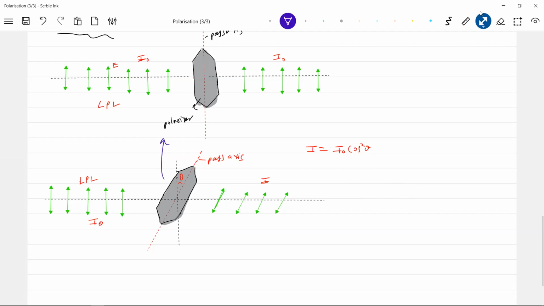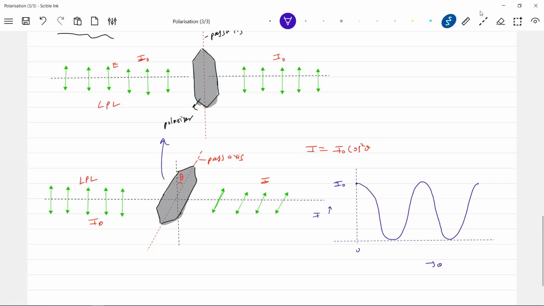Can we have a graph of the variation of intensity with theta? This is I naught, this is theta, this is 0, then 90 degrees, pi by 2, pi, 3 pi by 2, 2 pi.